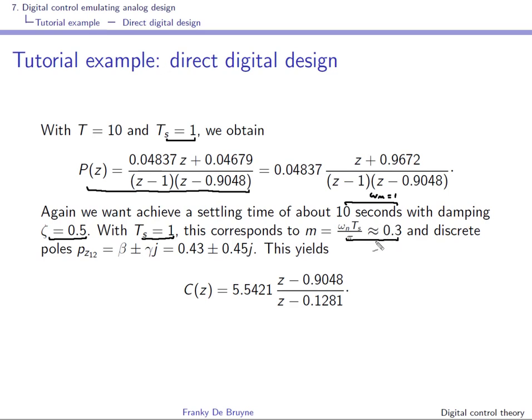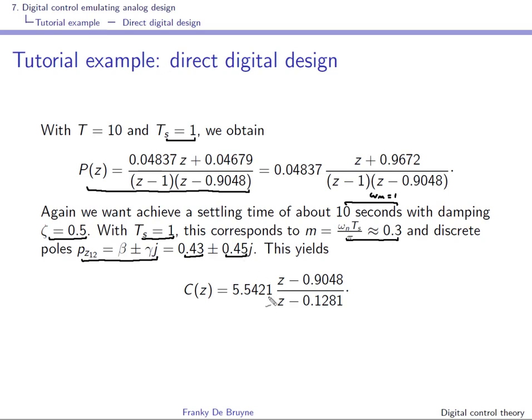So if you look in this Z grid, and you look at the place where you have M equal to 0.3 and zeta equal to 0.5, you can locate the desired closed loop poles for our direct digital design. And beta is equal to 0.43, gamma is equal to 0.45, as we had mentioned before.